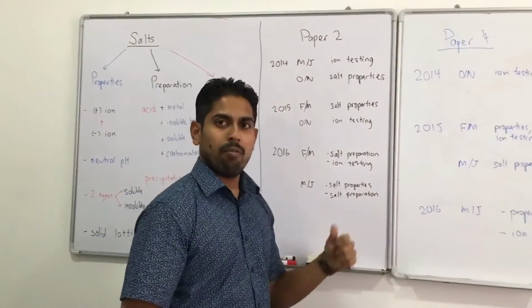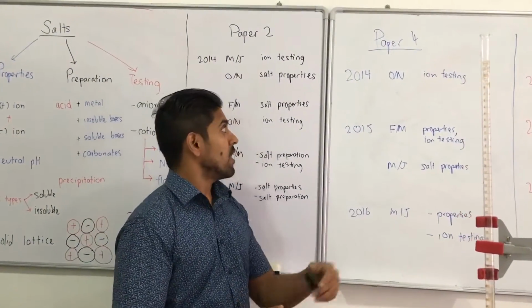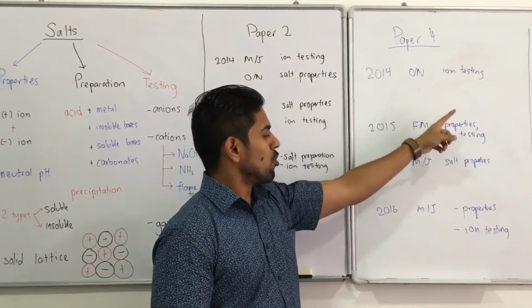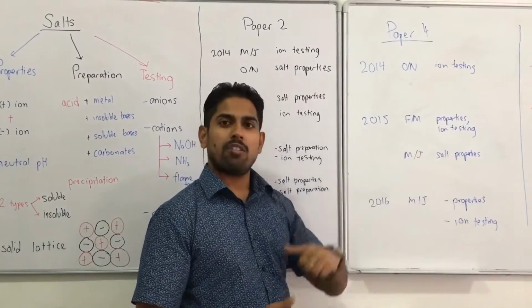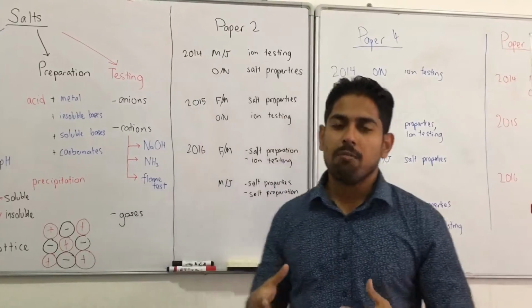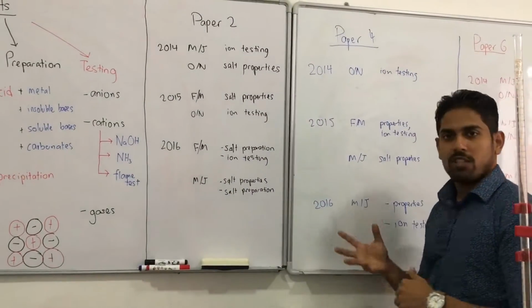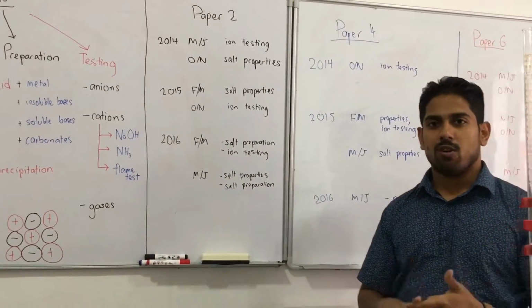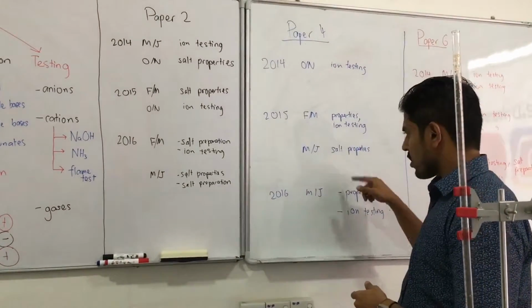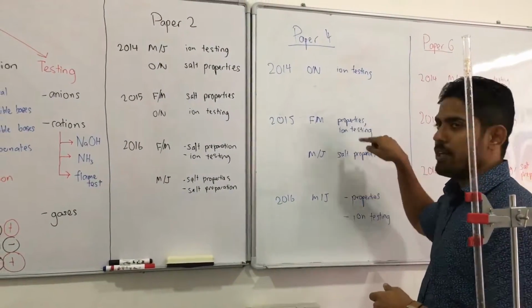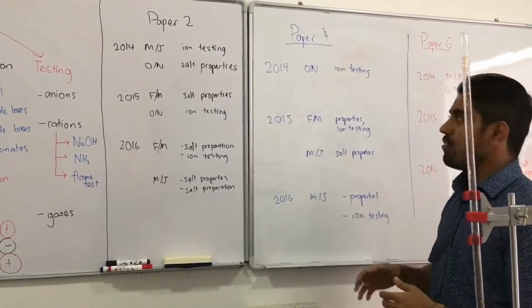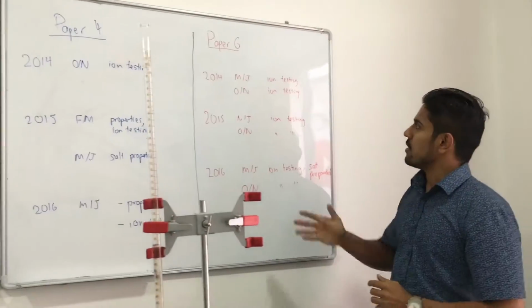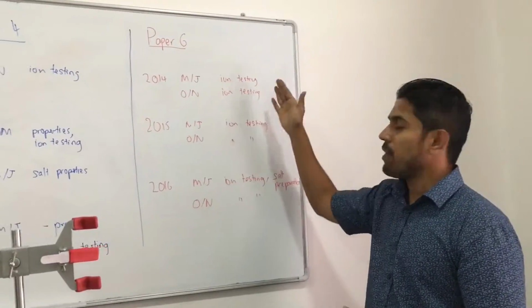But if you look at paper 4, or paper 3 earlier, the most common is the properties of salts. The majority of the questions ask about properties of salts, meaning their color, their solubility and things like that, and a bit of ion testing. Now paper 6 is almost entirely dominated by ion testing.